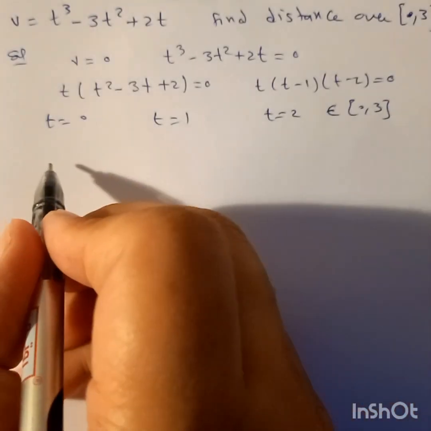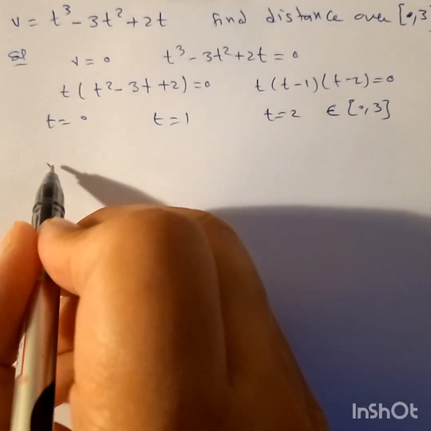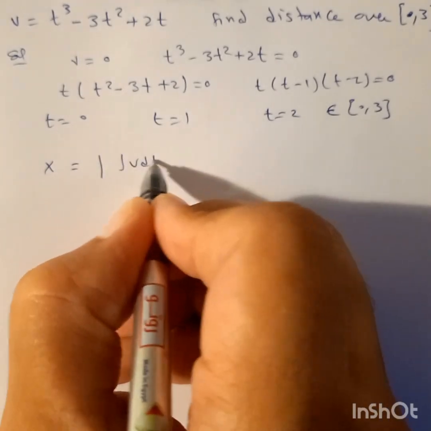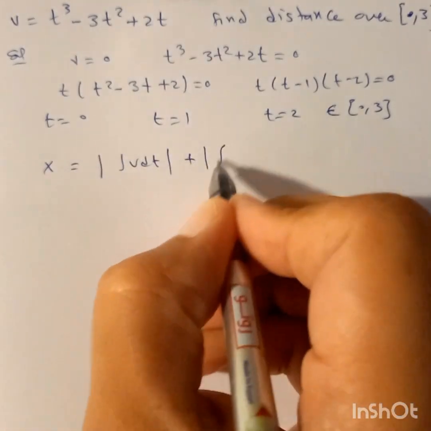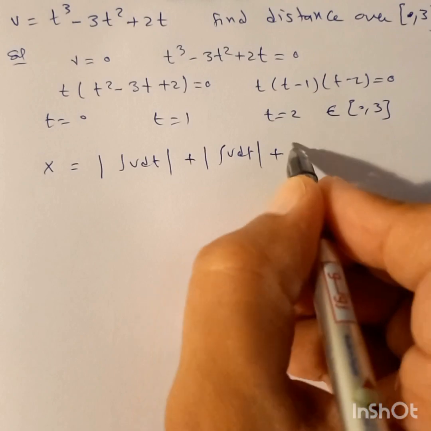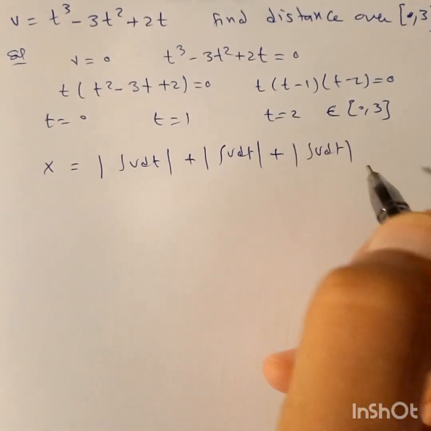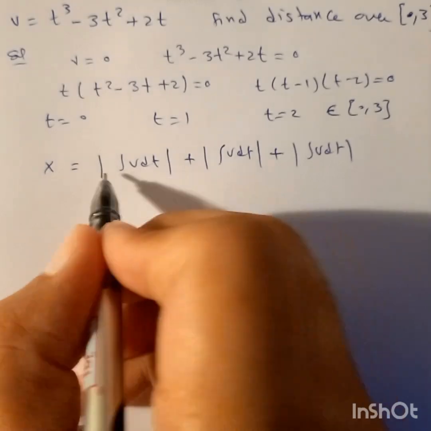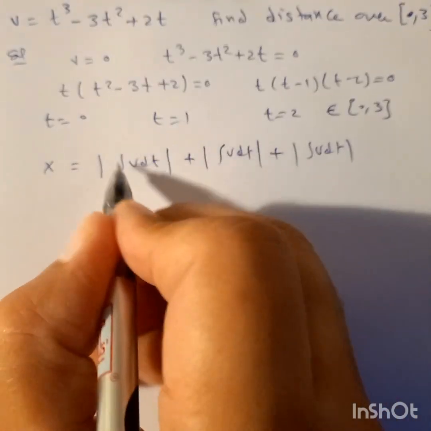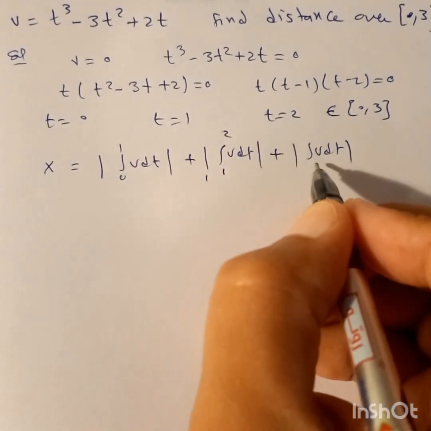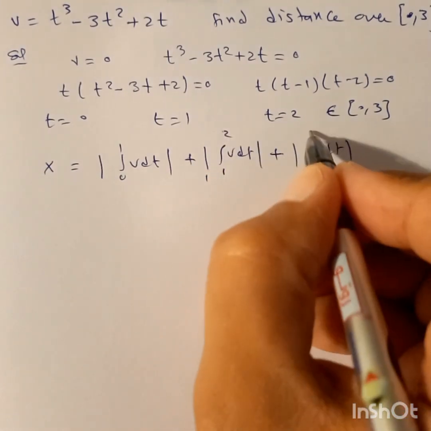Then we have here distance equals the integral of v dt plus the integral of v dt plus the integral of v dt, with modulus, of course, as distance is always positive. Here the first interval is from 0 to 1, then from 1 to 2, and here from 2 to 3.